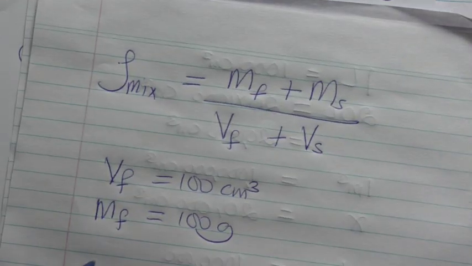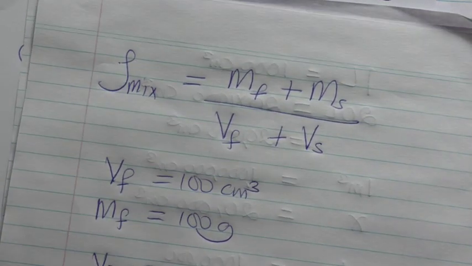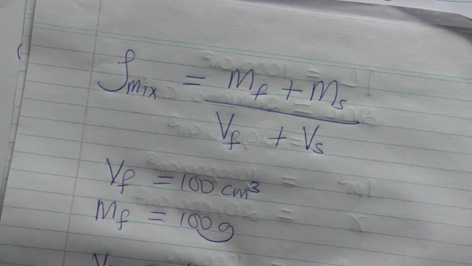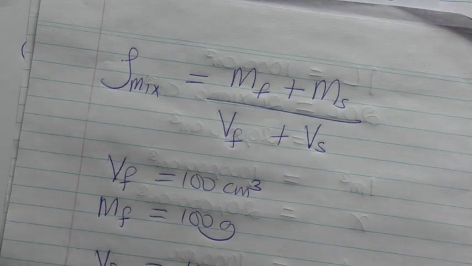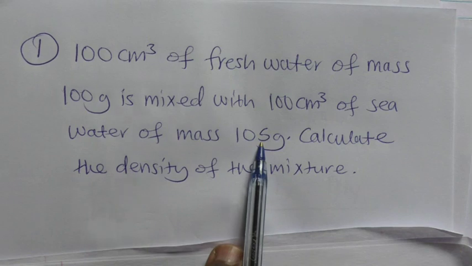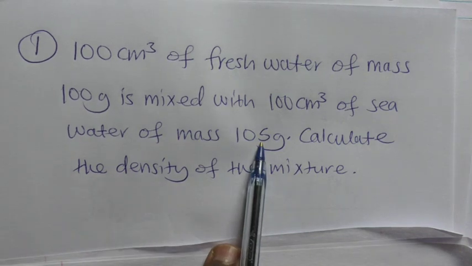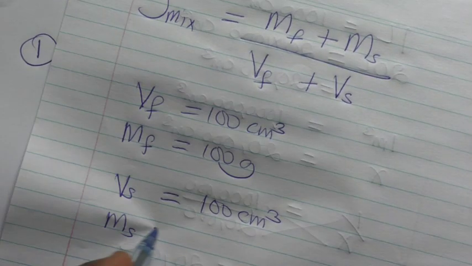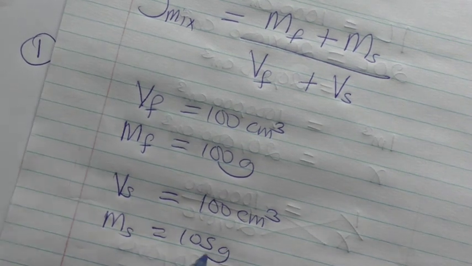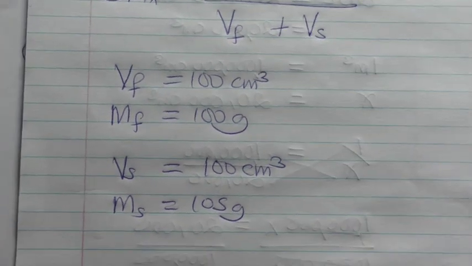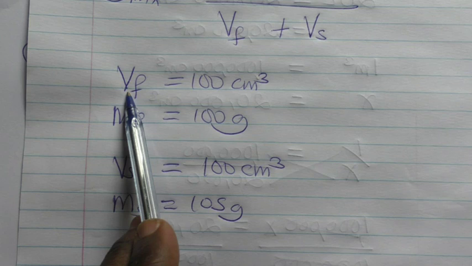So this is now the volume of seawater, which is 100 still, and the mass of seawater is given as 105 grams. Now, this is the volume of fresh water.